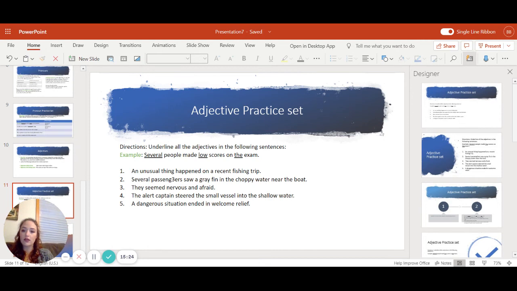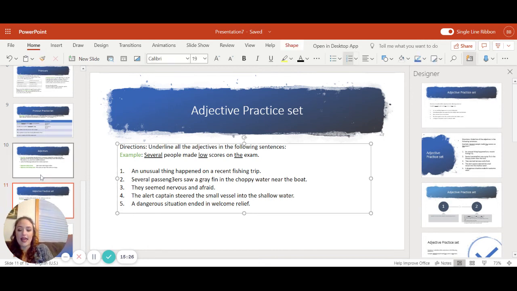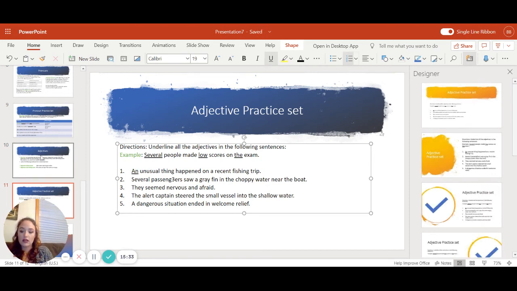So here's another one. An is an article. Oh, I should hold Control U, okay? And thing is our next noun. What kind of thing? An unusual thing, okay? And then happen is our verb, right?